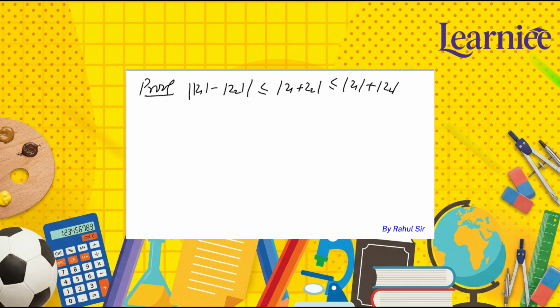So let's prove it. We assume z1 is equal to r1 e to the power i theta 1, or we can say mod z1 e to the power i theta 1, and z2 is mod z2 e to the power i theta 2.